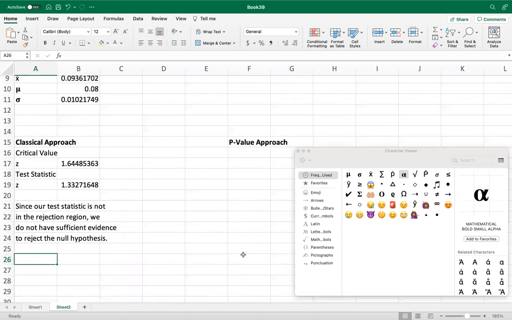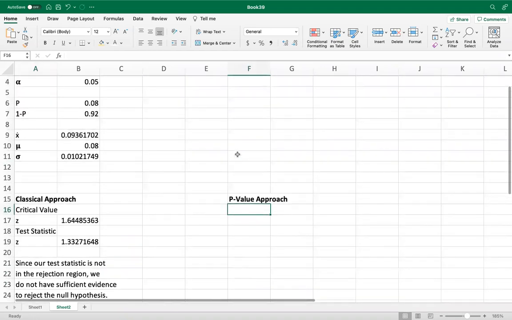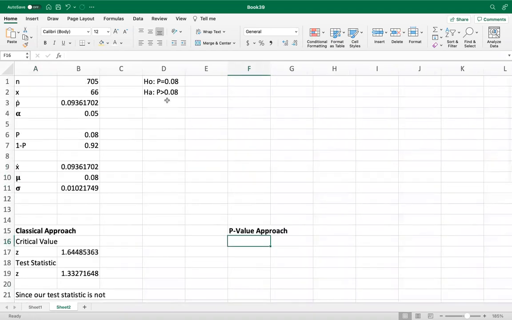Let's clear this stuff out. Over here, with the p-value approach, what we're looking at is a probability. Here again, it's a right tail test.